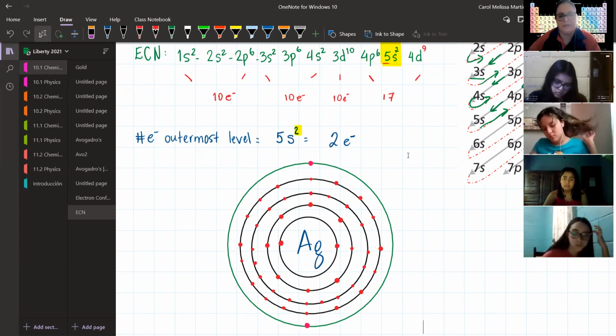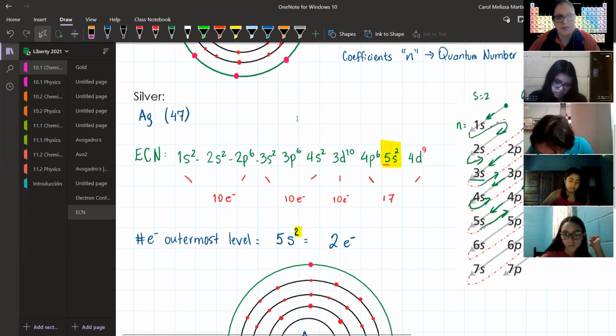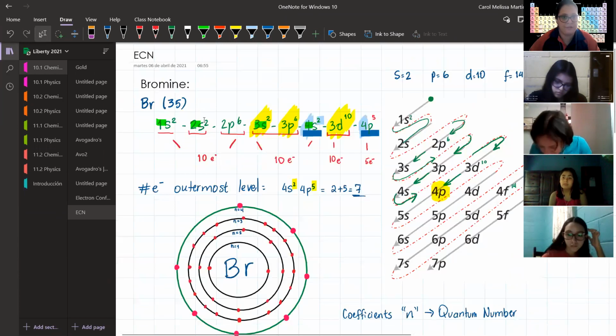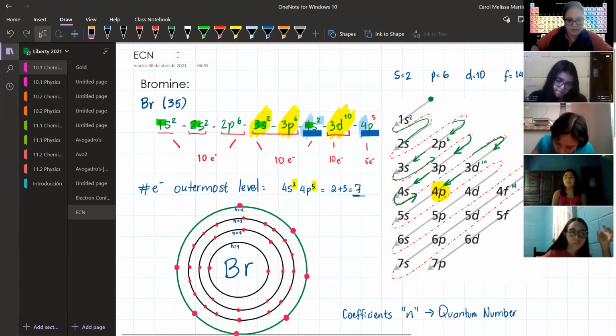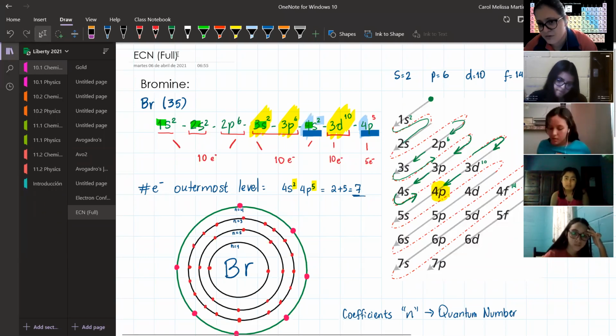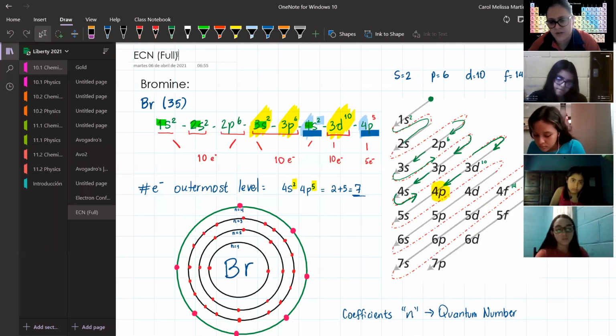Okay, so guys, this is the electron configuration notation, the full structure. There are other methods that I will teach you later, but not today because of the time.